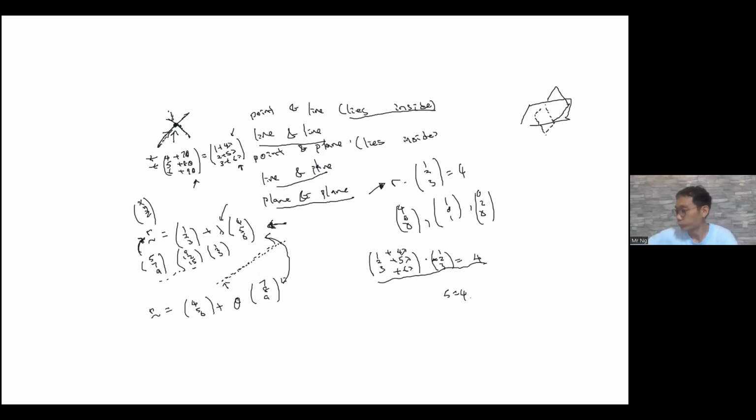I believe you guys have seen that usually they will write direction vector of line of intersection equals n1 cross n2. Why is that so? Try to imagine this book.